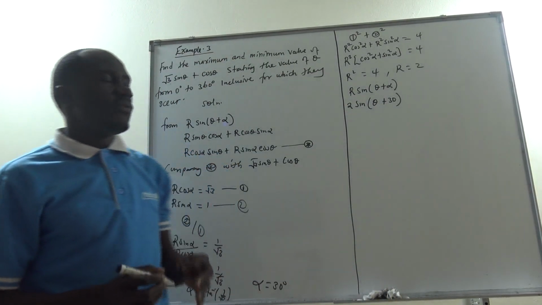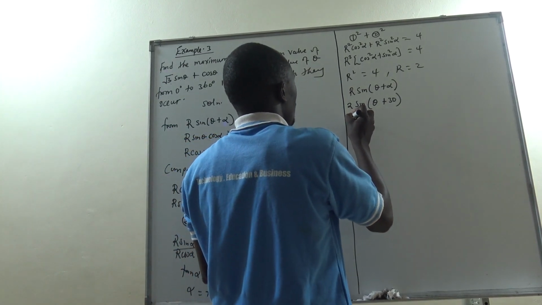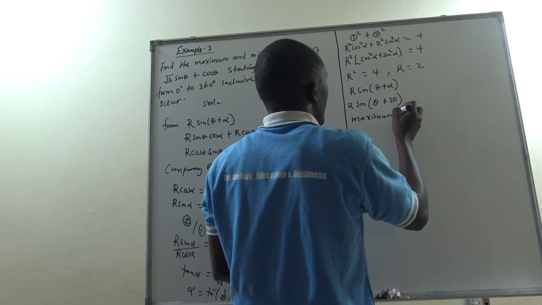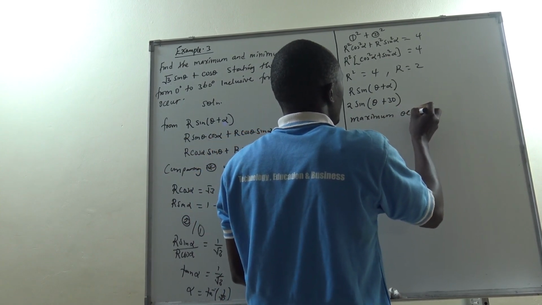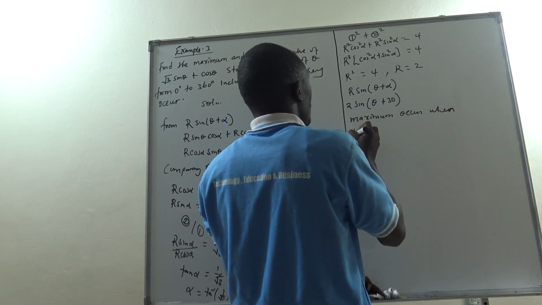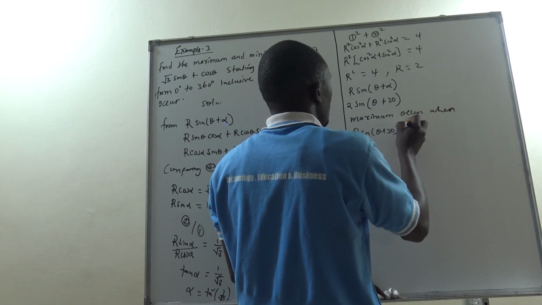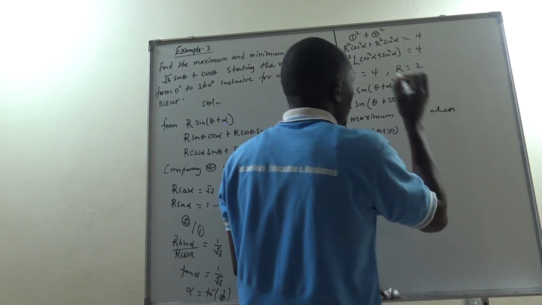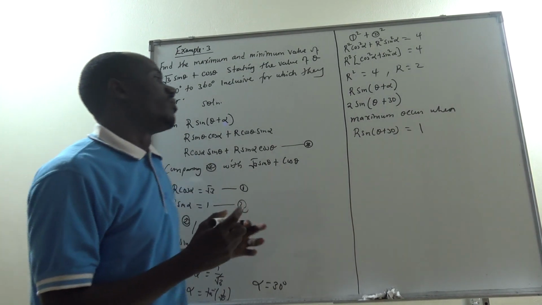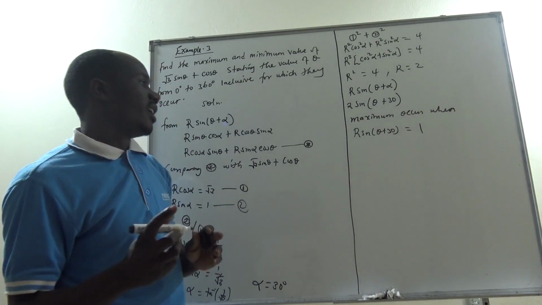Now, for maximum and minimum, we can say maximum occurs when the whole expression, R sin into theta plus 30, equals 1. For it to happen, the whole of that sine expression should equal 1. And for minimum, it must be equal to -1.